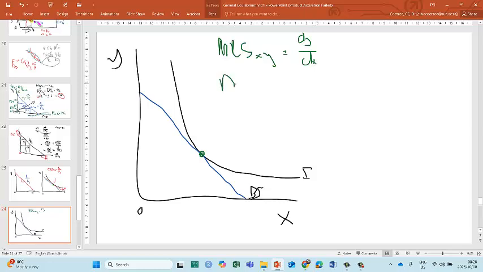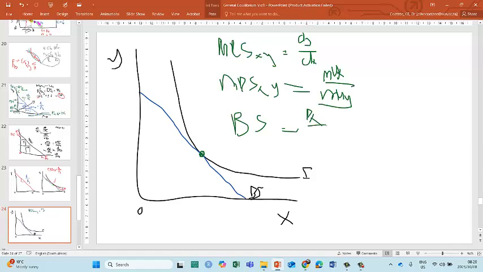We also know at that point the marginal rate of substitution x for y is equal to the marginal utility of x over the marginal utility of y. We also know that at that point the budget slope is equal to the price of x over the price of y. And we know that at that point the marginal rate of substitution is equal to the budget constraint.